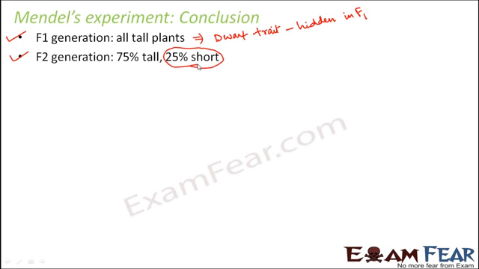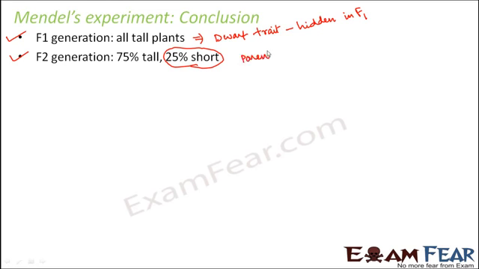The second thing that he concluded was that there was something being passed on from one generation to another without any change at all. As per Mendel, in this case, the plant height was the trait, right? Whether the plant is going to be tall or short.